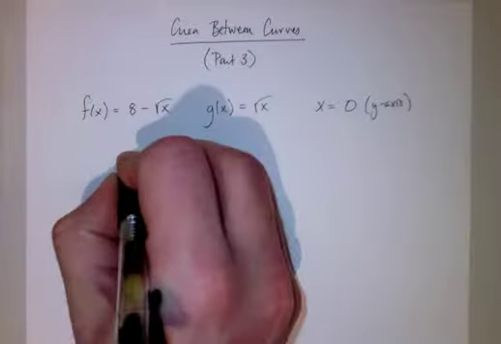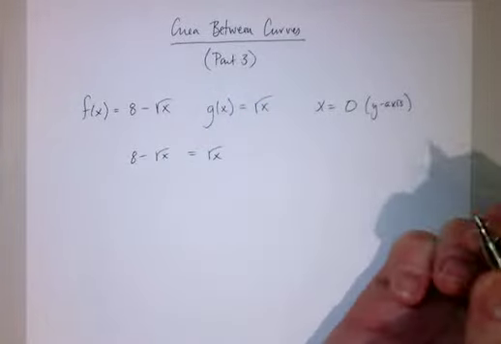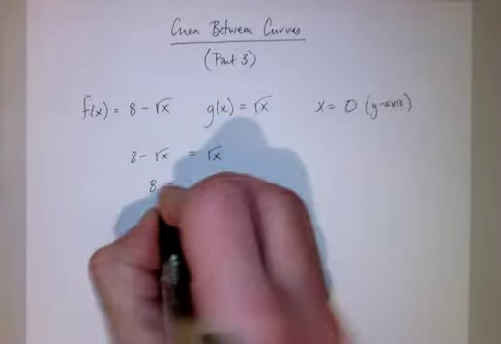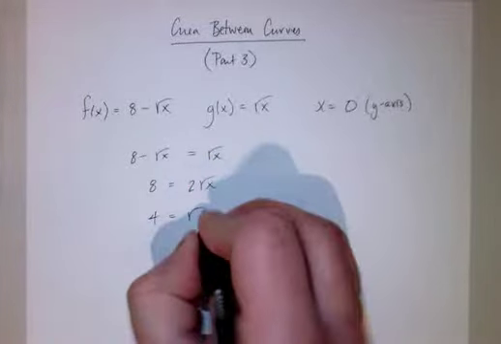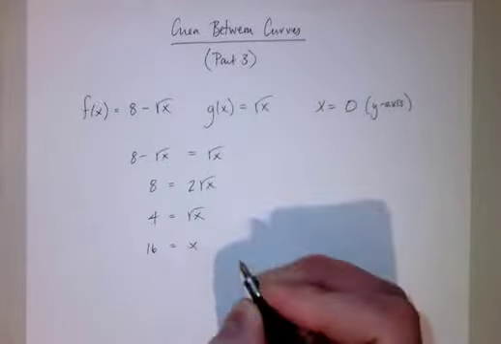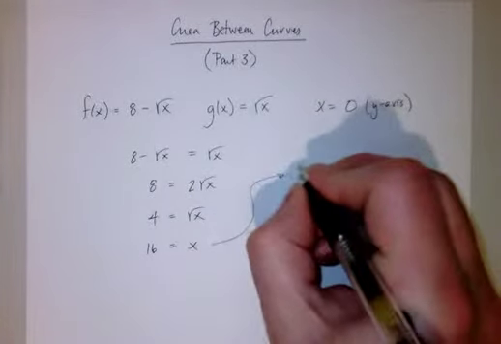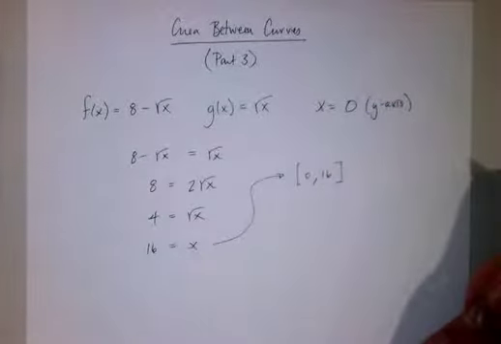Let's go ahead and set f and g equal to each other. When I add root x to both sides, I'm going to get that, and then I'm going to square and get x. So that tells me that I'm looking at 0 to 16 for my interval, okay?